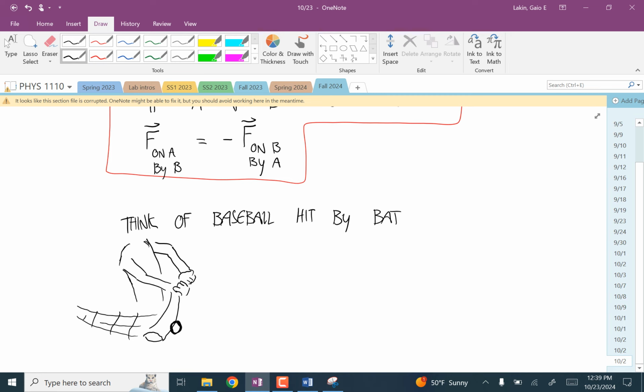You always have to think about the masses of these two objects. The masses are really what determines which one is the winner and which one is the loser, not the force that they apply. When I played baseball as a kid, a lot of people used wooden bats, some people used aluminum bats.